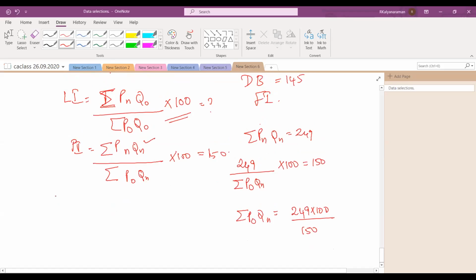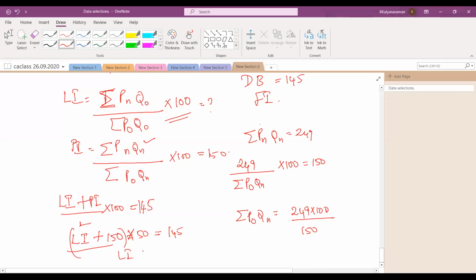Okay, next. Laspeyres' index plus Paasche's index by 2 into 100. This is given as 145. So Laspeyres' index we do not know. Paasche's index we know it is 150 by 2. That means this into 50 is 145, or you can say Li plus 150 is equal to 145 by 50.